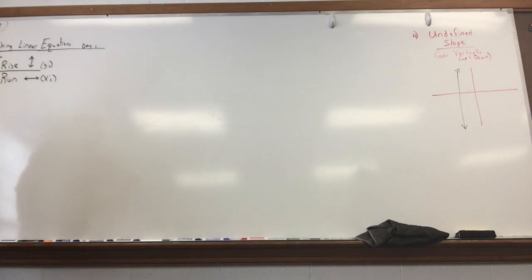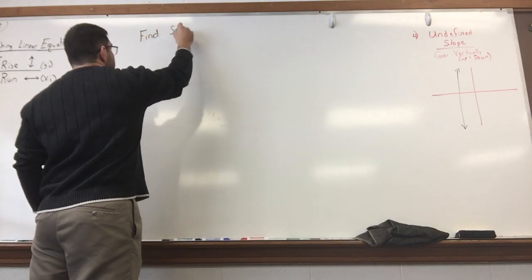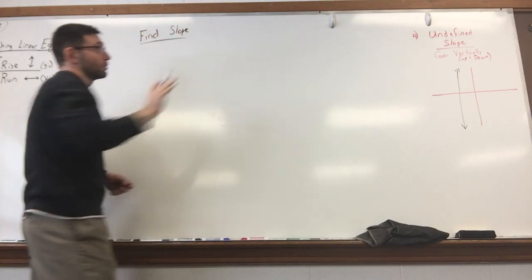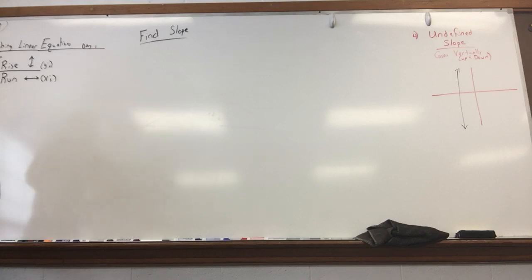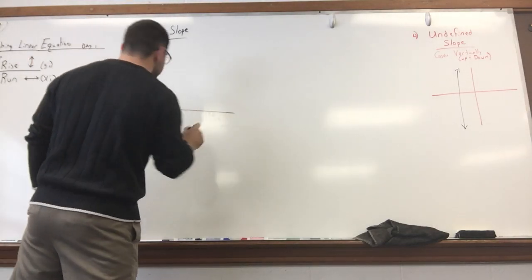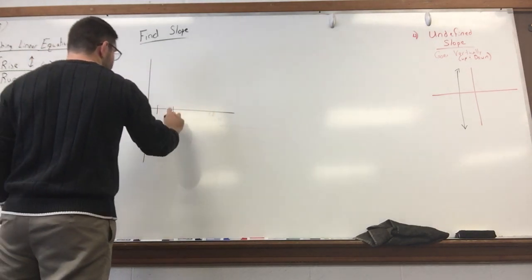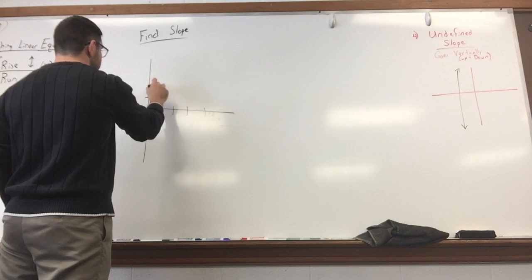So the question would say, find slope. And this is what we'll be doing for the rest of the class, is finding slope. So I will have a graph. And it will be easier once you have graph paper that's already given to you.